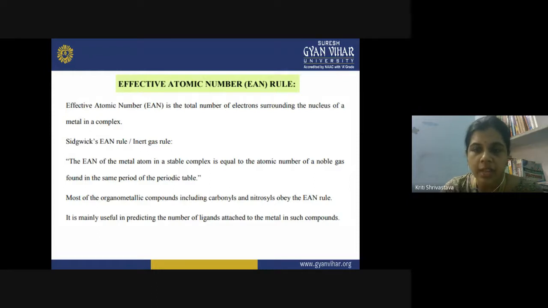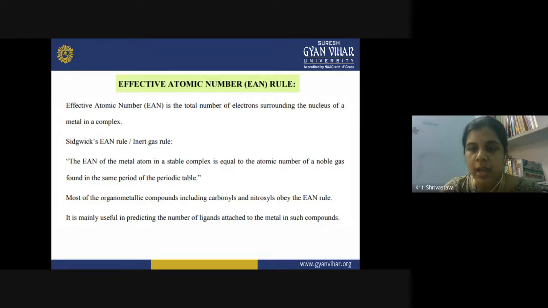So, after calculating the total number of electrons present in the complex, you have to compare it to the atomic number of a noble gas, and also, which noble gas? The one present in the same period of the periodic table, that is, the period in which your metal atom is present.